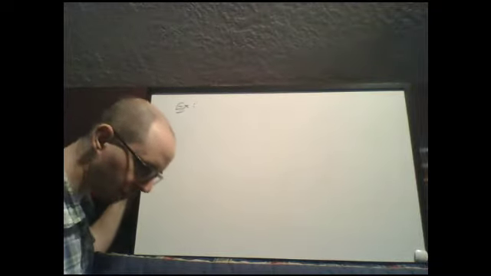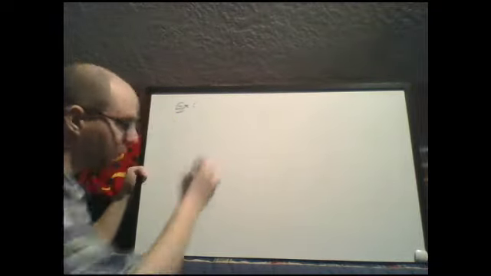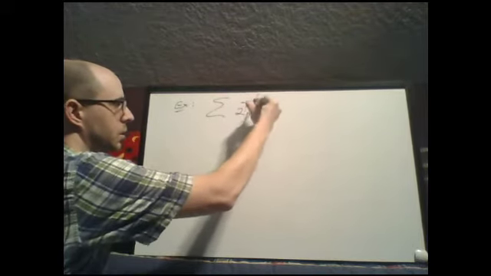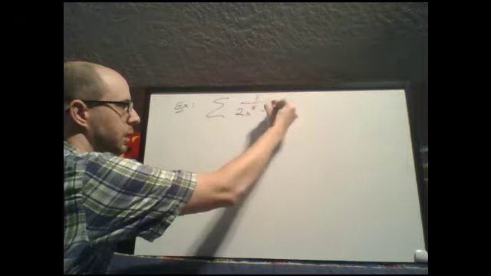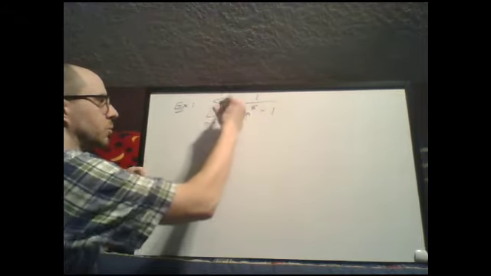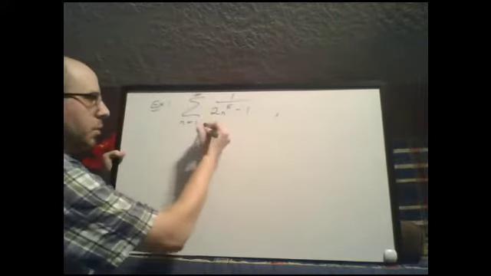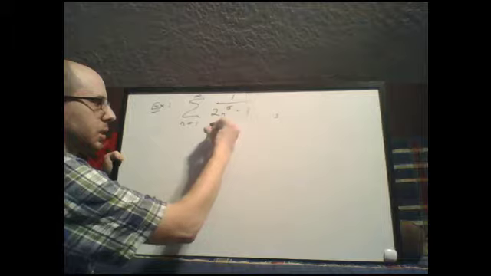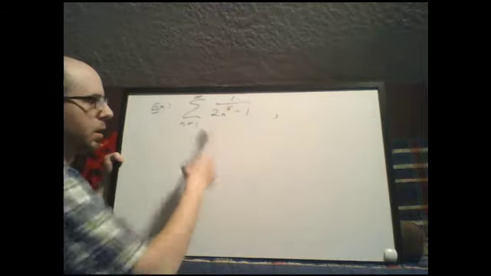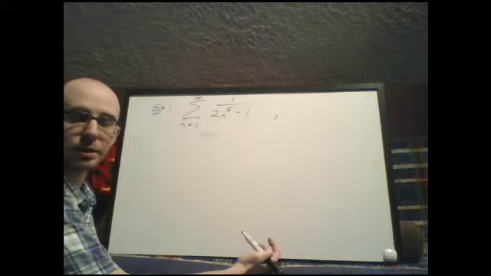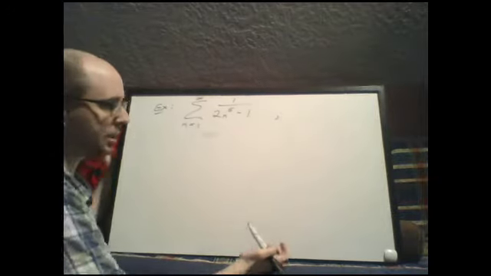Well, we'll do a few examples, but suppose I wanted to do summation of 1 over 2n to the 5th, I think I said, minus 1, as n goes from 1 to infinity. I want to answer the question for this. I go with my same series that I tried to compare it with last time before.